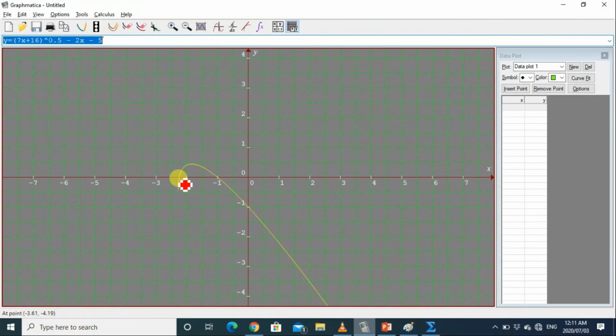We can see that this graph intercepts the x-axis at these two points, this one and this one. These two values of x are known as roots of this equation. This is -1 and this is -9/4 or -2.25.